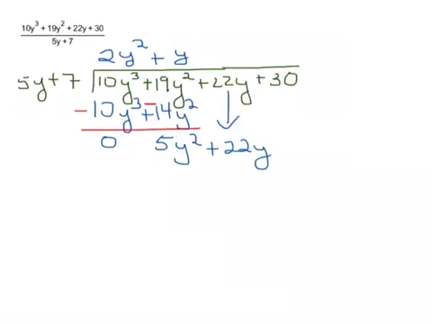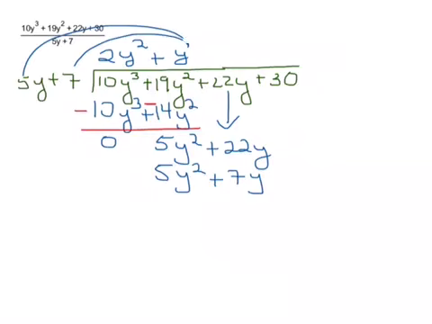I don't normally write the 1 in when we do this, but you can if you want to. And then remember, everything written up above this line gets distributed through, so y times 5y is 5y squared, and y times 7 is plus 7y.